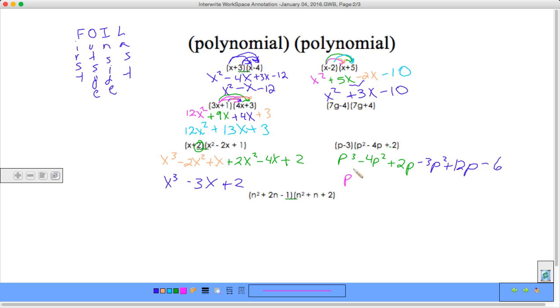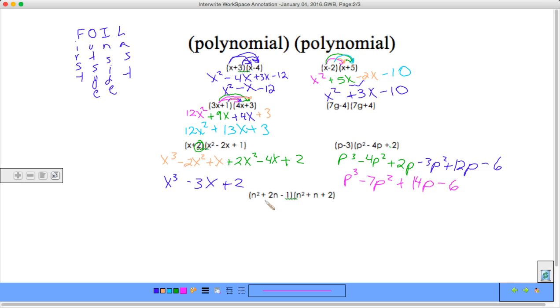I have a p to the third, and then here negative 4p squared minus 3p squared is negative 7p squared. And then 2p plus 12p is 14p. And then minus 6 has nothing to combine with, so I'm going to bring that down. That's my final answer.